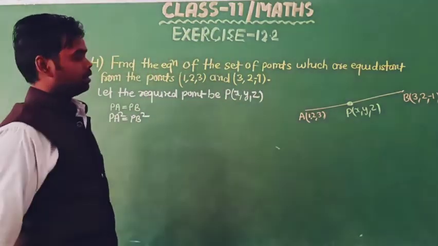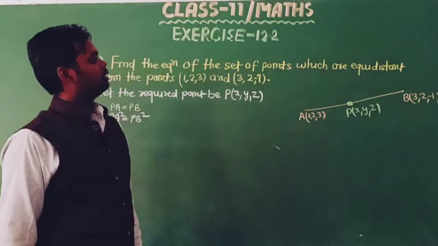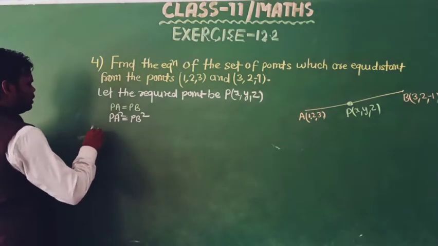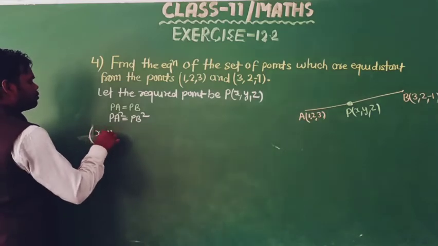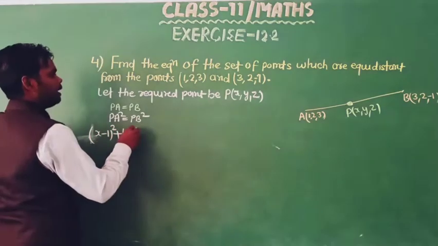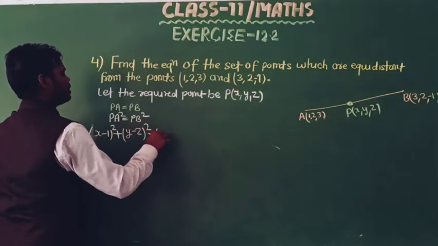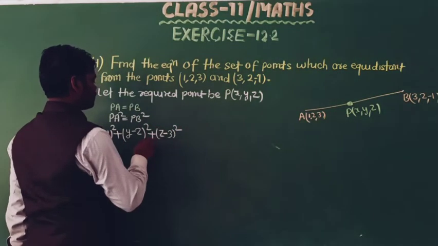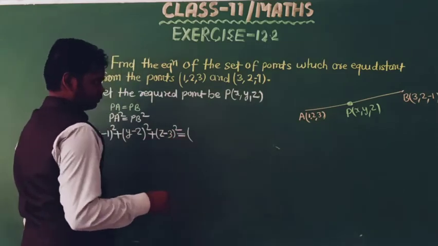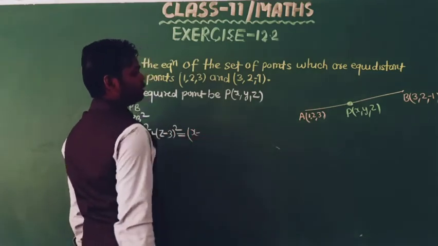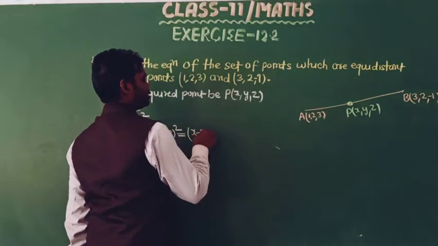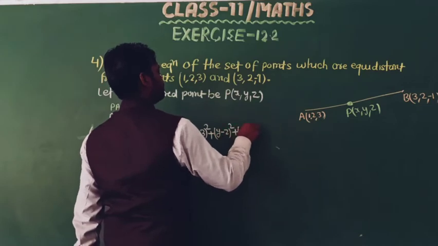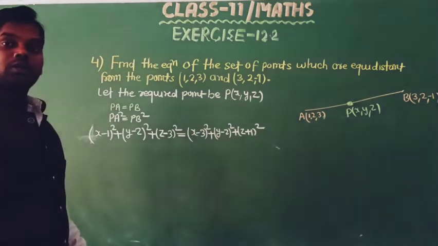The distance between point A and P, PA, is given by square root of (x minus 1) whole square plus (y minus 2) whole square plus (z minus 3) whole square, is equal to the distance PB, which is (x minus 3) whole square plus (y minus 2) whole square plus (z plus 1) whole square.